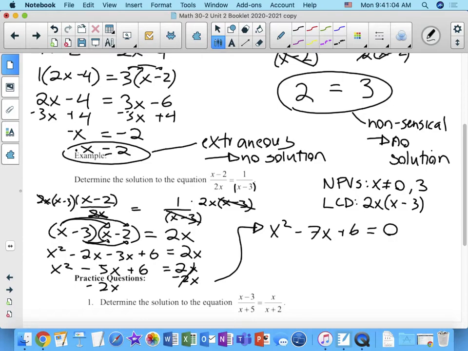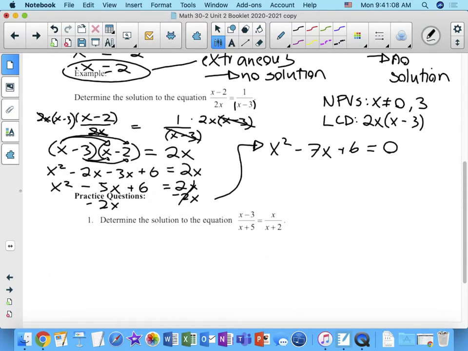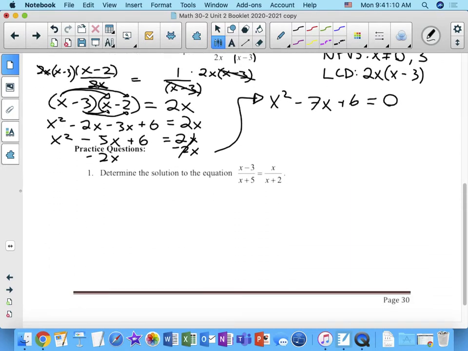Okay, now what? Now what can we do? We've equated one side to 0. Yeah, now we can use the quadratic formula. Okay. Some of you actually might be able to factor this one.